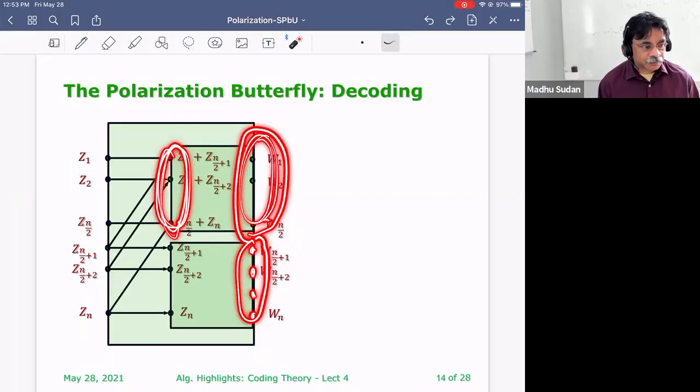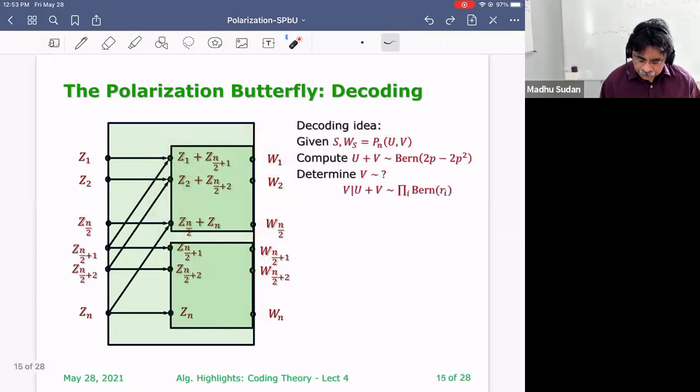It's invertible. Maybe I should use this information in determining something here. What thing? Well, we can look at one of these bits. Let's call this u. Let's call the corresponding bit here v.